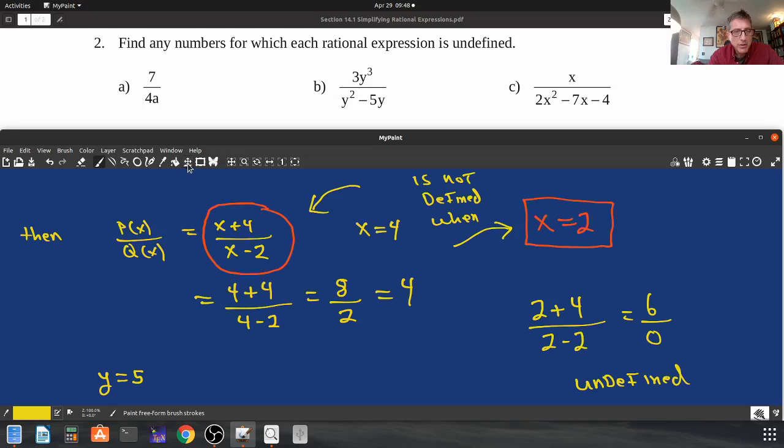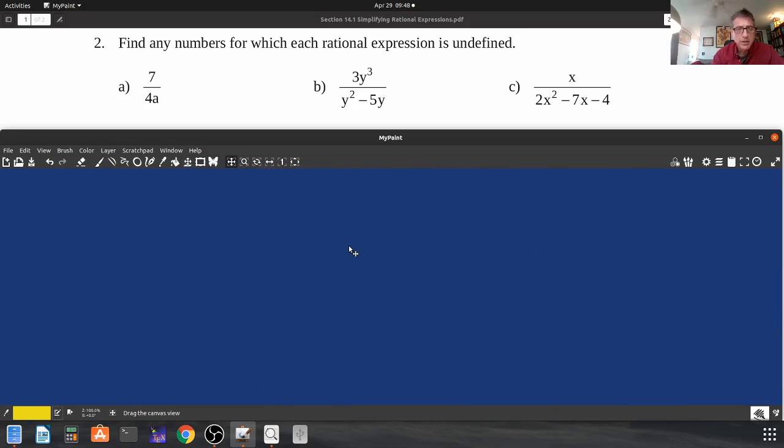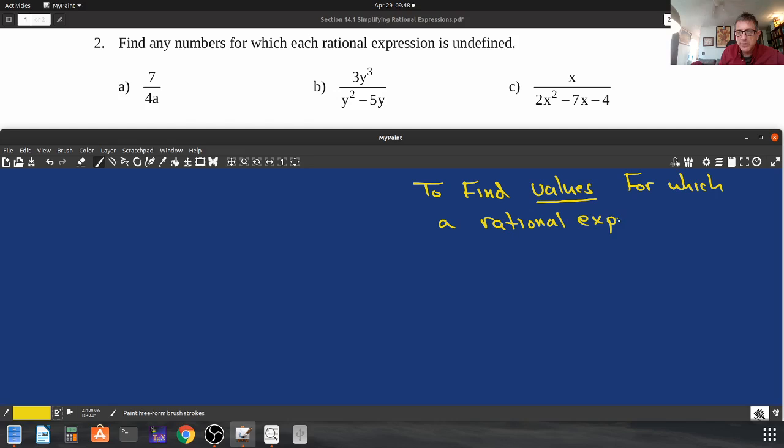So you should kind of see what you're supposed to do, but I'm going to go ahead and write what you're supposed to do, because sometimes it's kind of nice to have the recipe. To find values, and notice I say values because there could be more than one, for which a rational expression is undefined. And that's what we're asked to do.